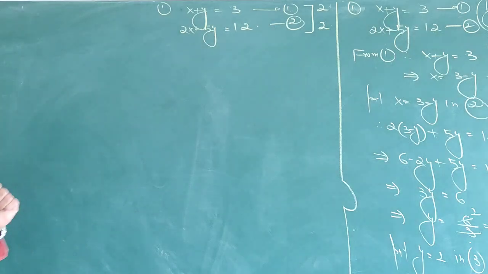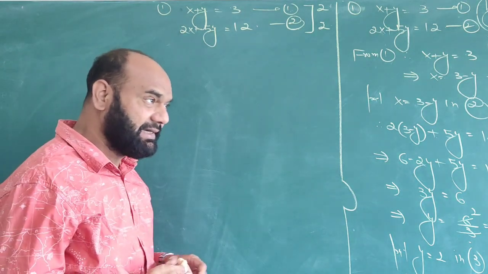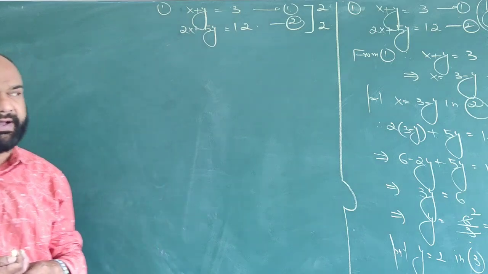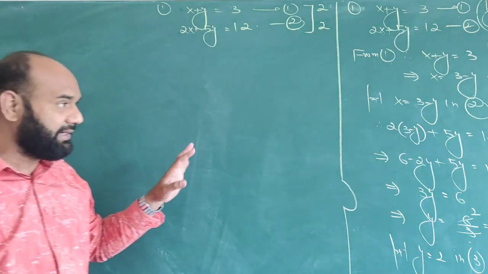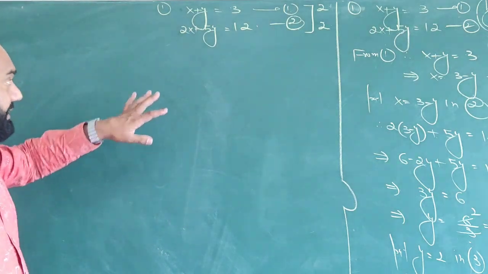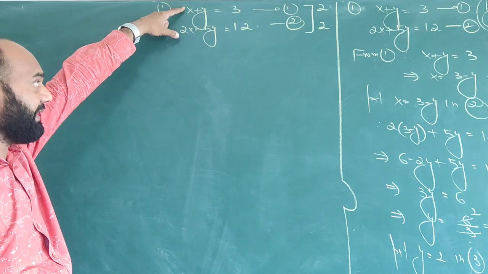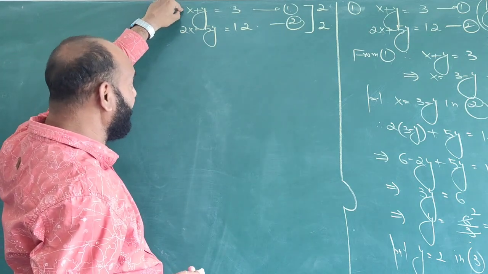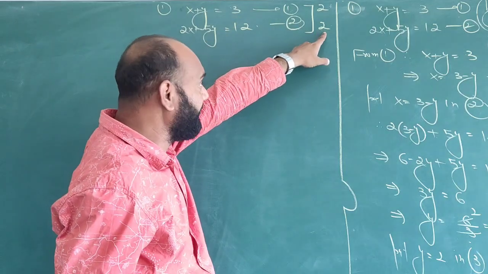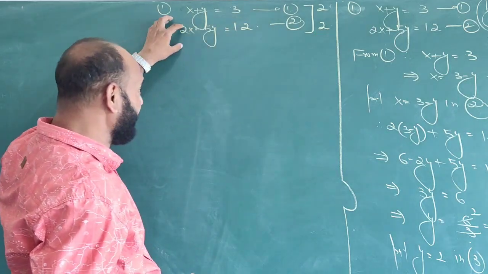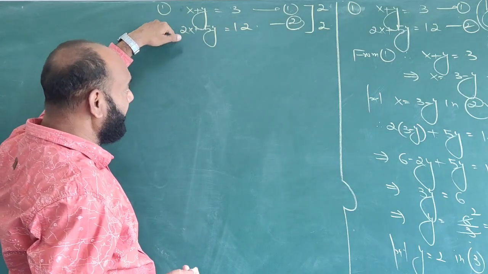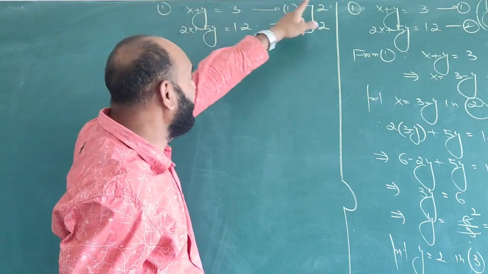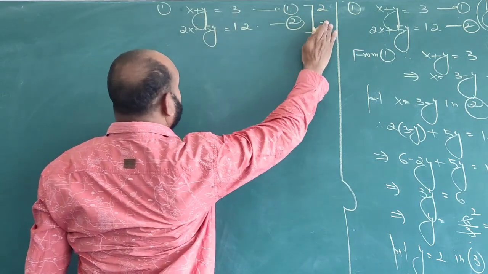To make the same coefficient of variable x or y, we always multiply in opposite position. Okay? So here the coefficient of x is 1 in equation number 1, but it is multiplied by equation number 2, and in equation number 2 the coefficient of x is 2, and it is multiplied by equation number 1. Sorry.